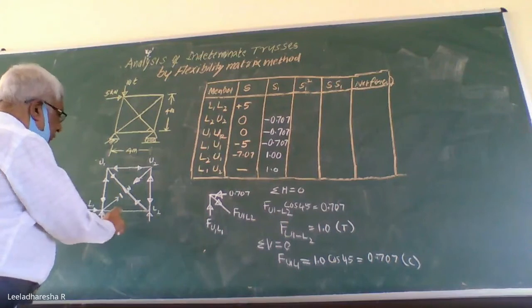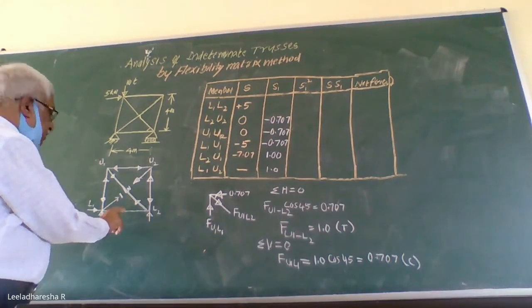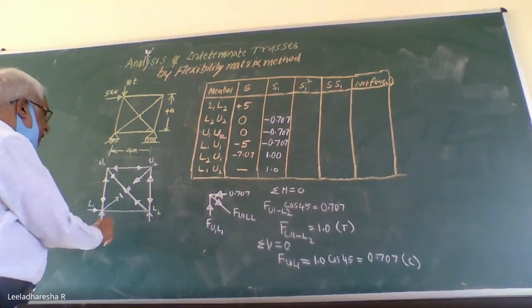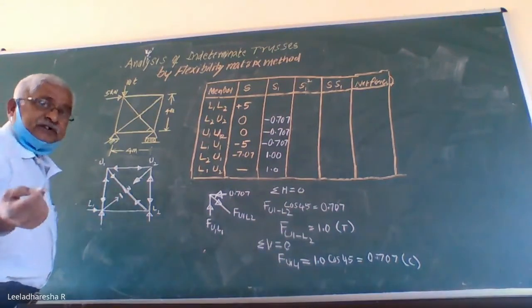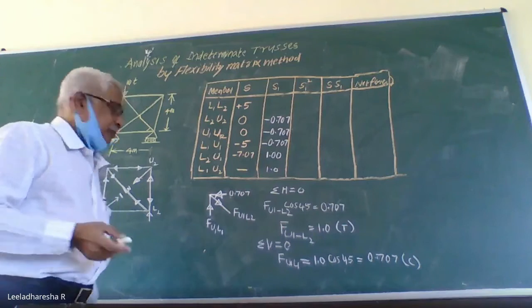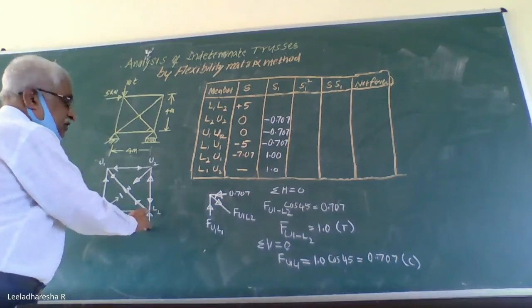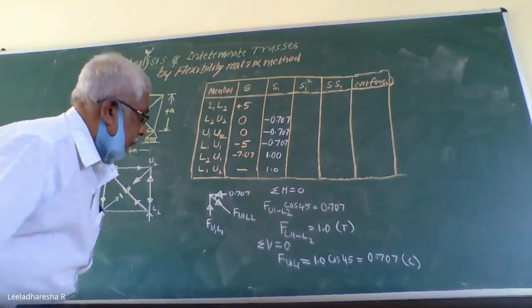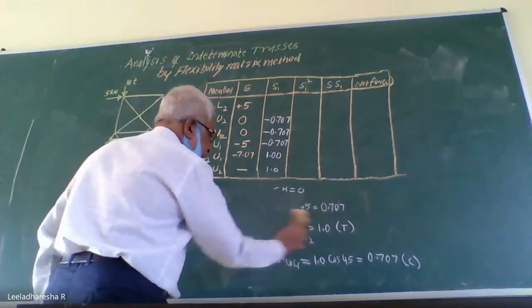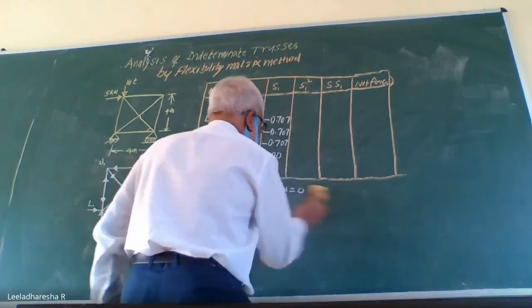Now, only one member is left out, right? So, I should find this one. I don't want to find these two reactions and all. I am not interested because it may take much time. Therefore, I go to this particular joint. Consider equilibrium of joint L2. Draw the free body diagram.